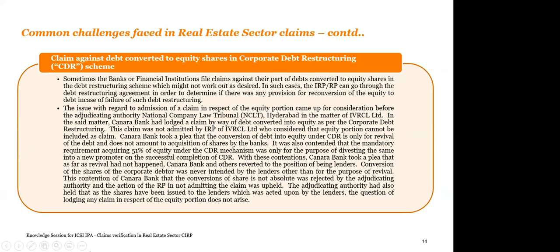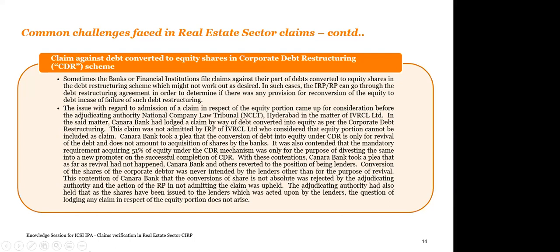Now, the other thing that we see is that when the first stress situation comes in, the lenders try to mitigate the situation through debt restructuring, and one of the common scenarios in debt restructuring is to convert some of the amount or dues into equity shares.